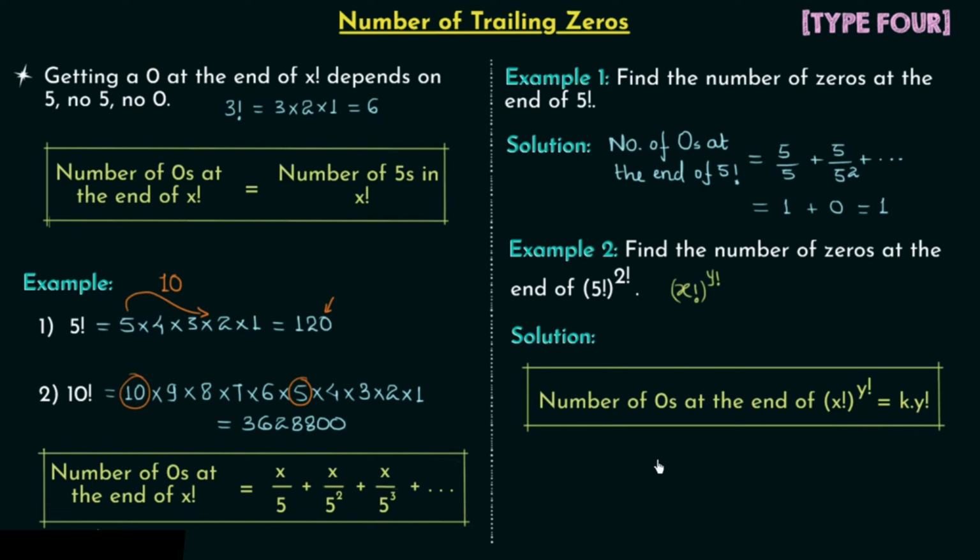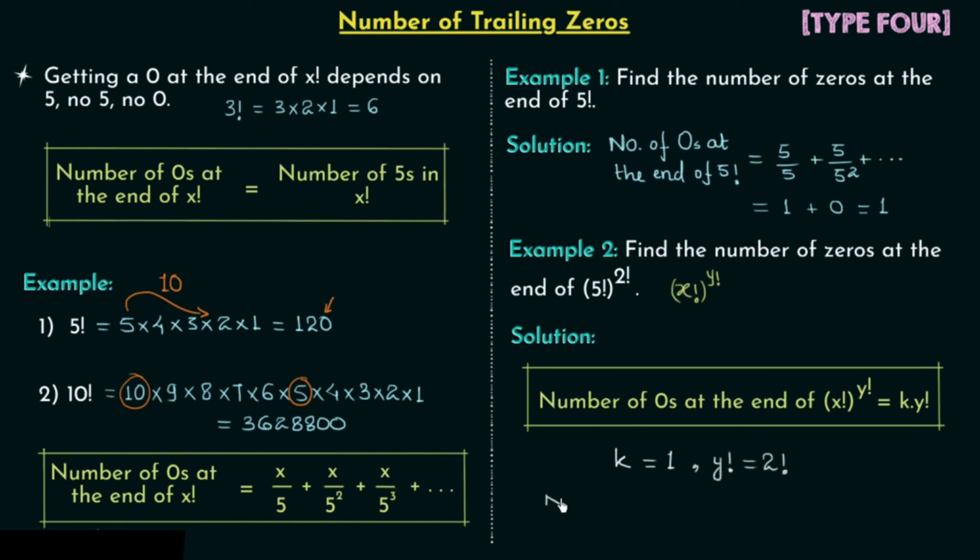So let us now solve 5 factorial raised to power 2 factorial. To find out k, we first need to find out the number of zeros at the end of 5 factorial, which we have found here. It is equal to 1. So k will be equal to 1. And from the problem, y factorial is 2 factorial.